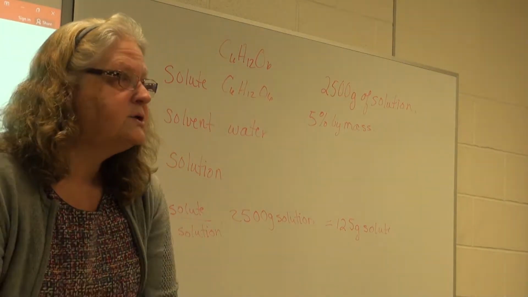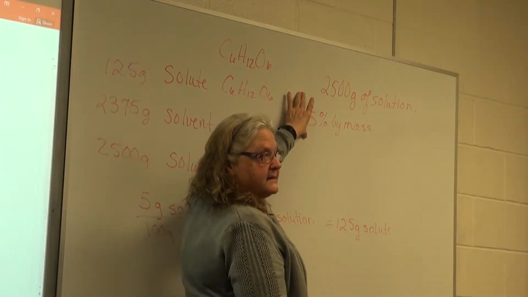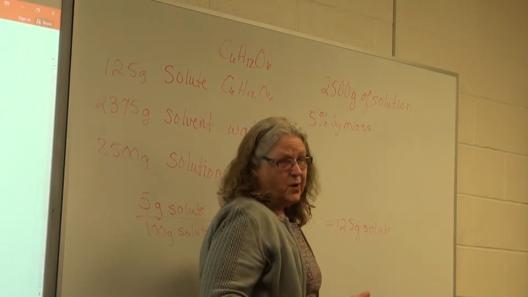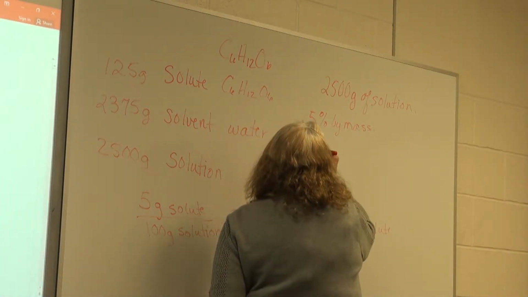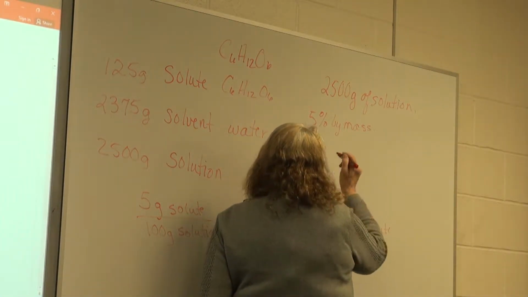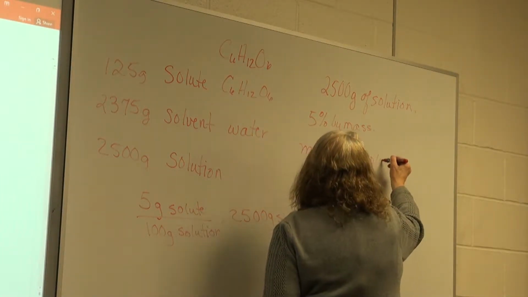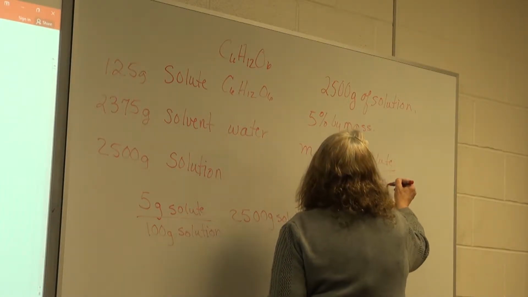All right, now how do I get a molality? We know a percent by mass, but it wants a molality. You need to know what these different terms mean. Molality is that little m. It's moles of solute over kilograms of solvent.